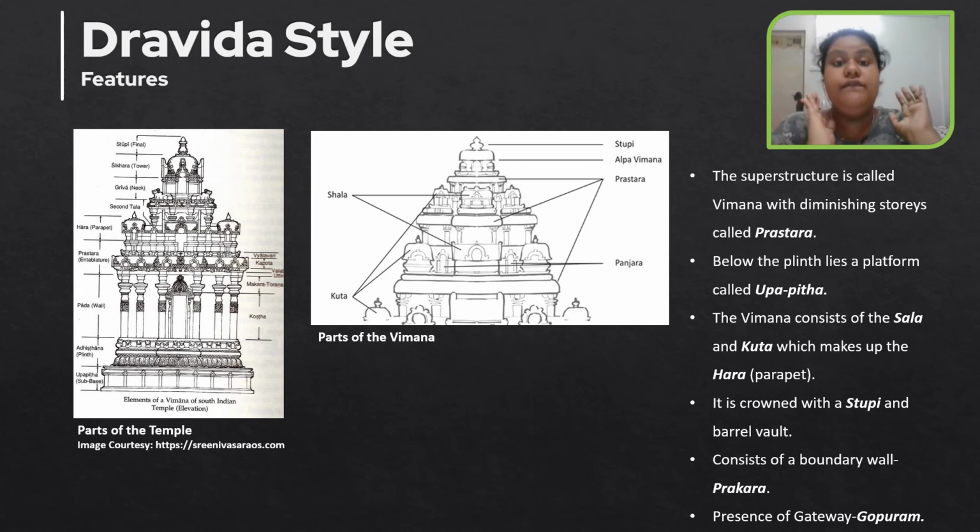But in South India, the temples always consist of a boundary wall called Prakara, and these boundary walls also have rooms for people to make their offerings, to live, to pray, or to perform something for the deity. So these were the features and parts of South Indian temple architecture.